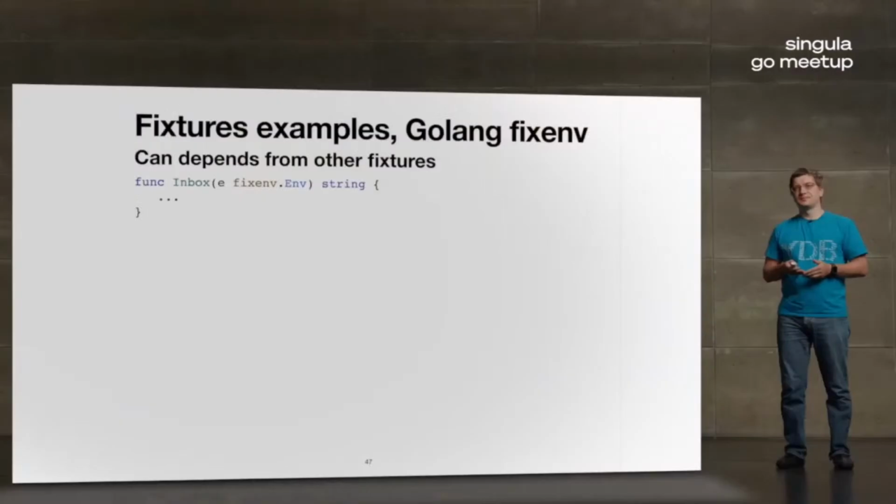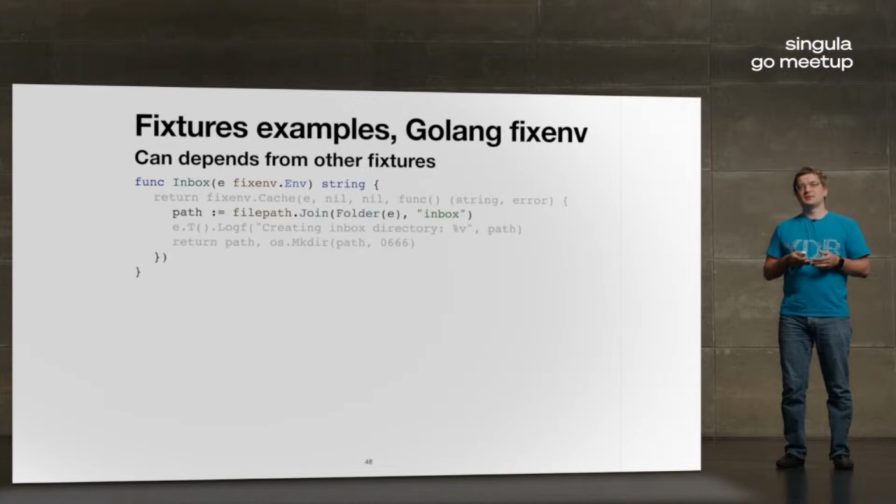The inbox fixture can call the folder fixture. The folder fixture will create a temporary folder. Then inbox receives a good temporary folder, creates a path for inbox inside the folder, and returns it.